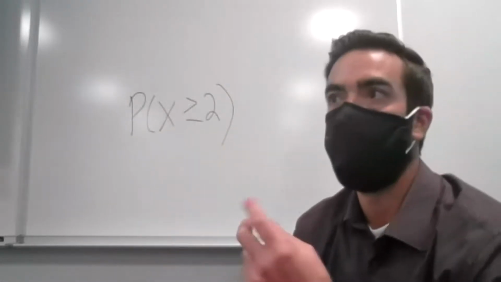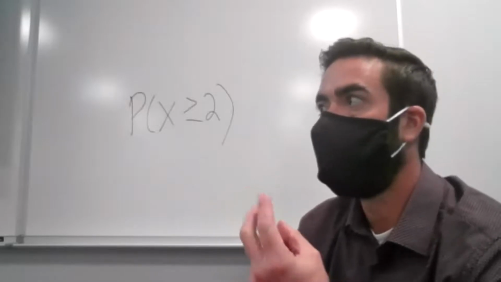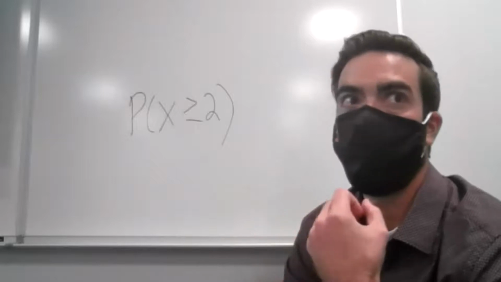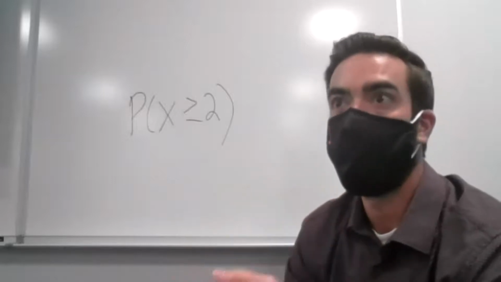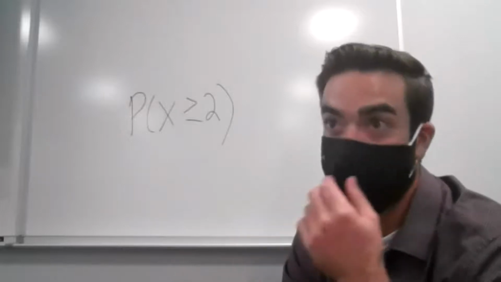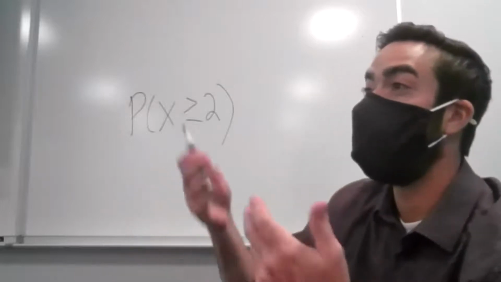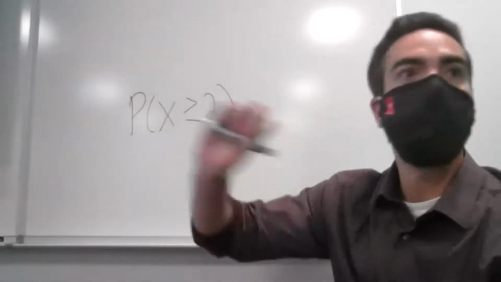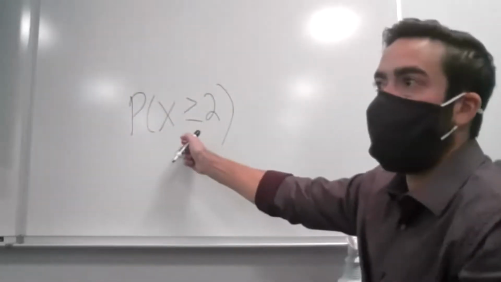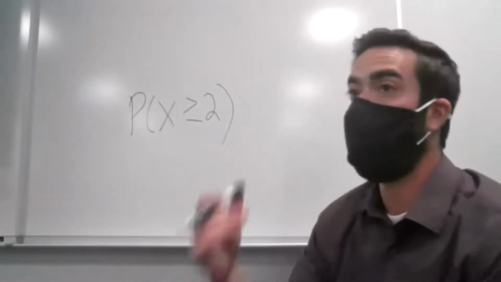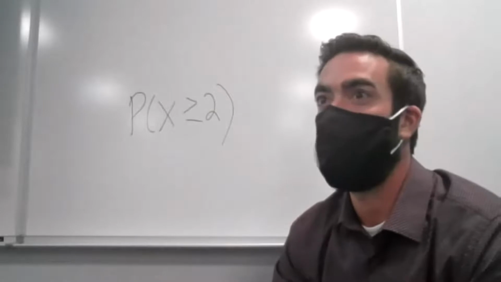I could see 2 births, or 3 births, or 4, 5, 6, but where do I stop? I guess like the population of the county, or, I don't know, right? It's over a given time interval. So if I'm looking for this probability being greater than, there's no way I can do this. So what's one way? I can solve this, just not in the way I described. So what could I do here?